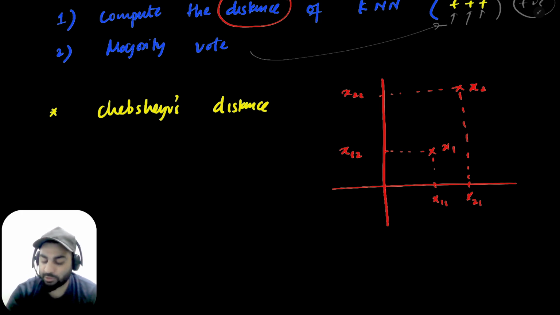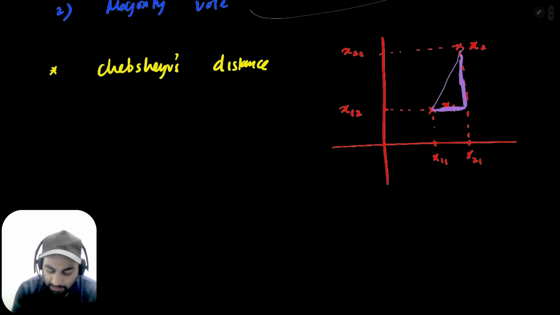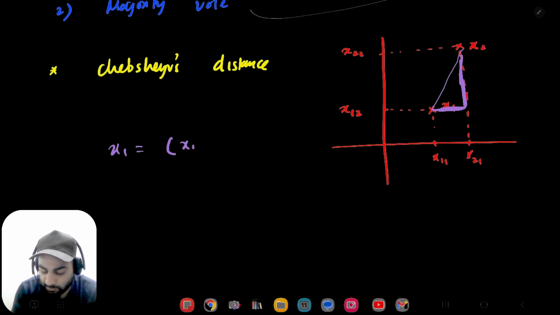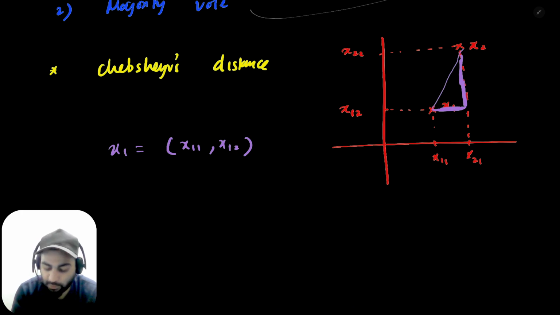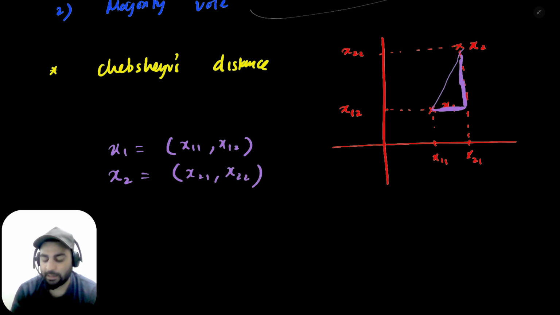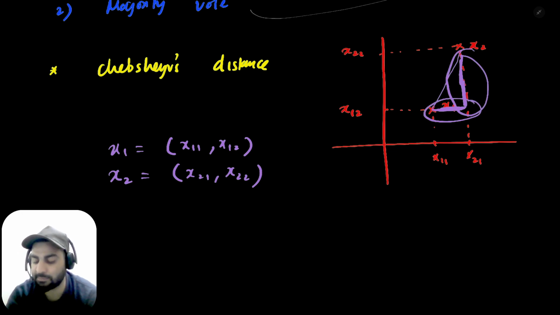If somebody wants to compute this distance, we basically take this distance and this distance, take the max of these, and whichever is maximum, we'll call it the distance. So x1, as you know, is x11, x12. These are the coordinates, the features in the point, and then we have x2, that is x21, x22. And what is the Chebyshev distance? It says compute this and this and see the maximum distance among these.